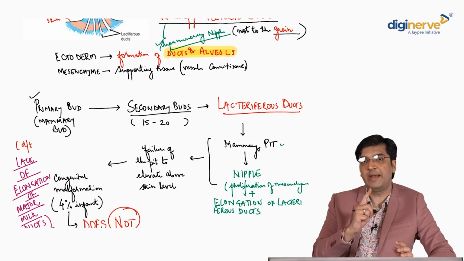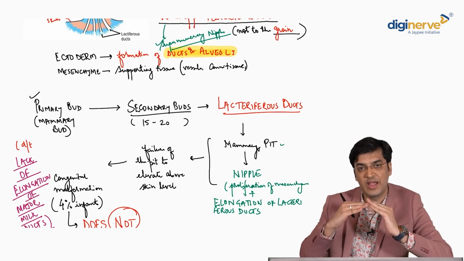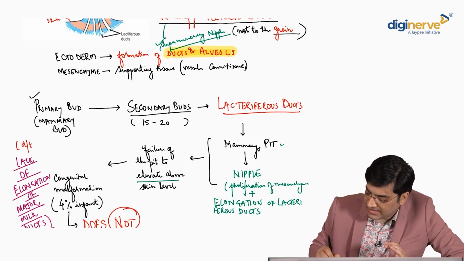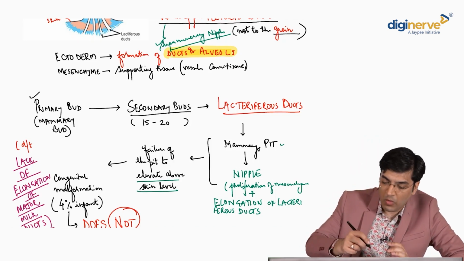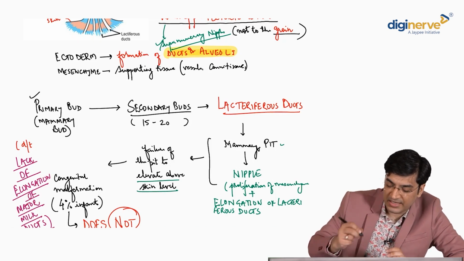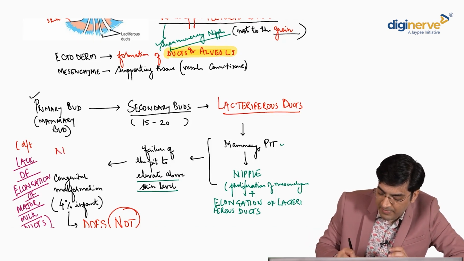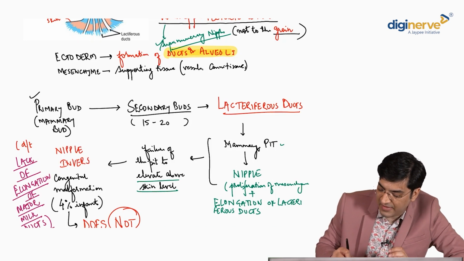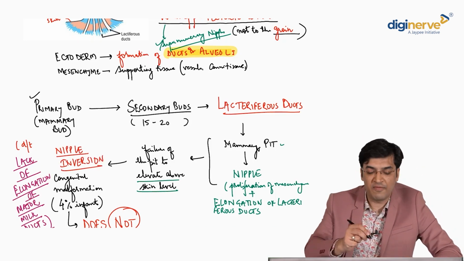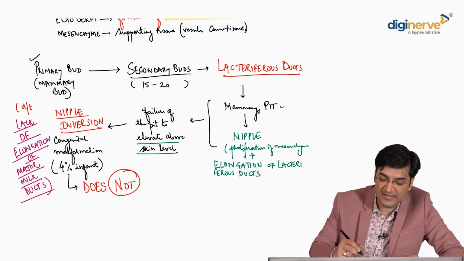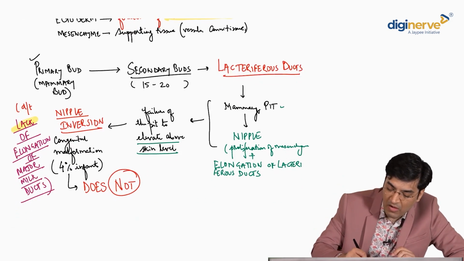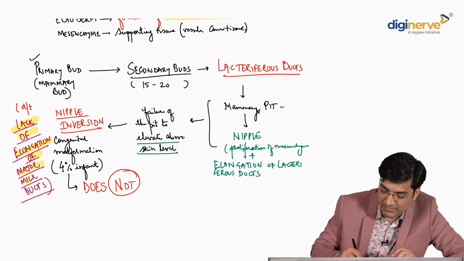Now, if this pit or the mammary pit fails to elevate or does not rise above the skin level, what will happen? You will have a condition known as nipple inversion. Very, very important. This has been asked once, that nipple inversion happens because of the lack of elongation of the major milk ducts.